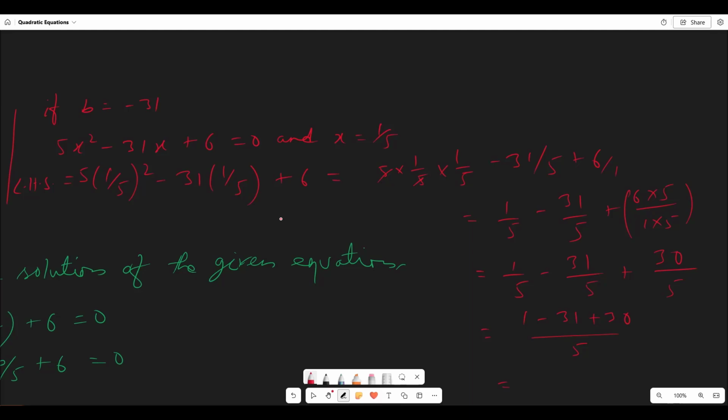Obviously it will become 0 by 5, that is 0, and therefore equals to RHS. So it's verified that b equals to minus 31 is the correct answer.